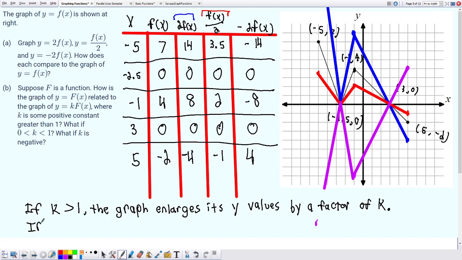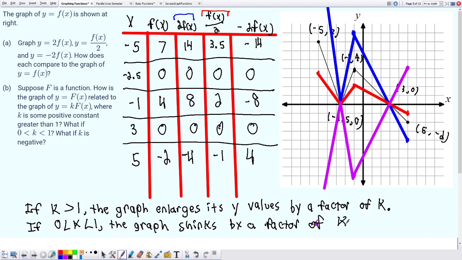If k is between 0 and 1, that's like in the f divided by 2 example, the graph shrinks by a factor of, I should say, 1 over k.